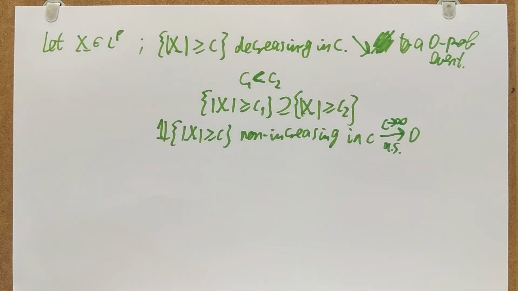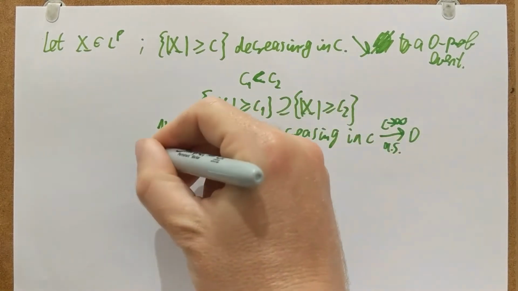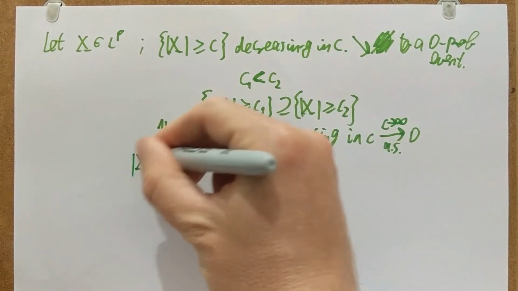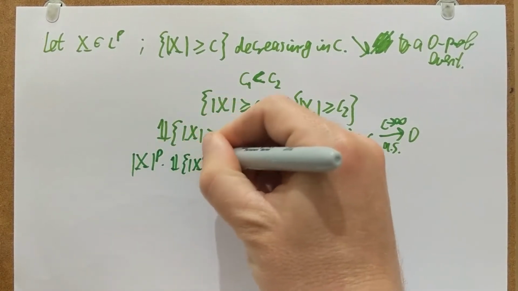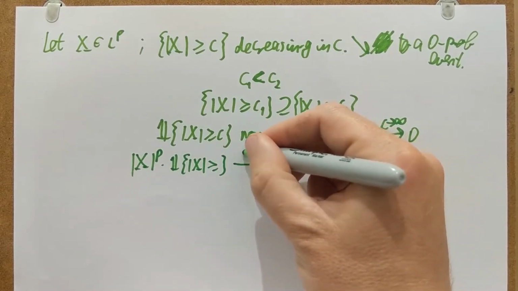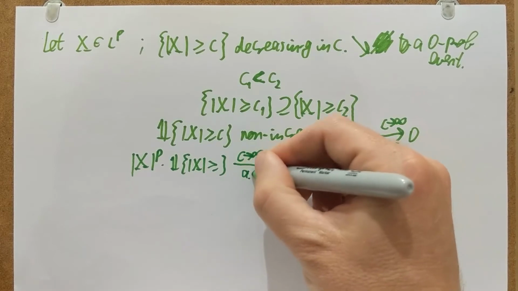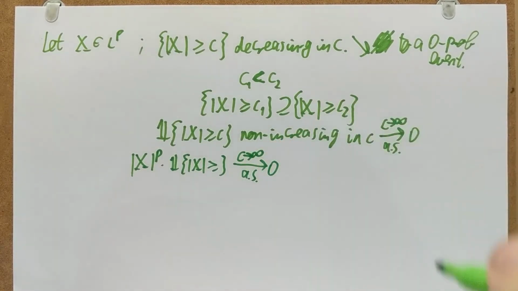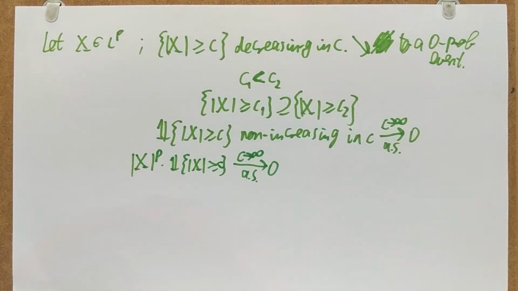Now if I multiply the indicator with |X|^p, then this thing is also going to 0 as c goes to infinity, on a measure 1 set of omegas.